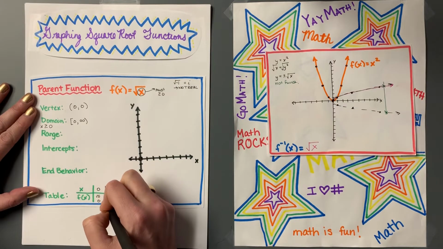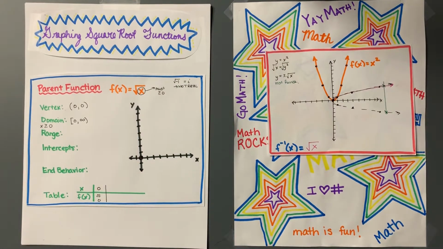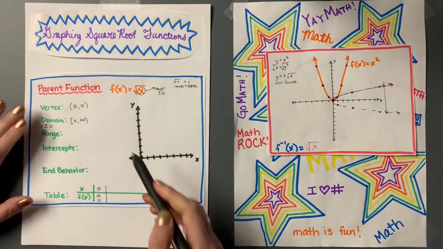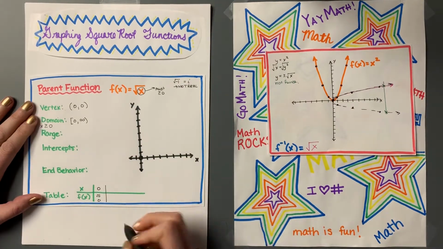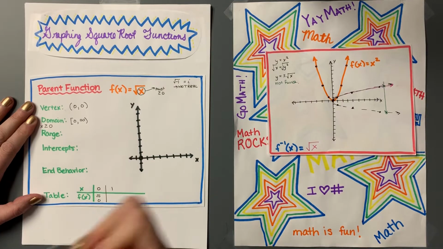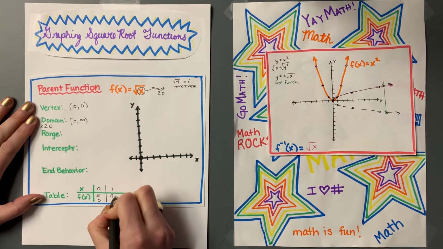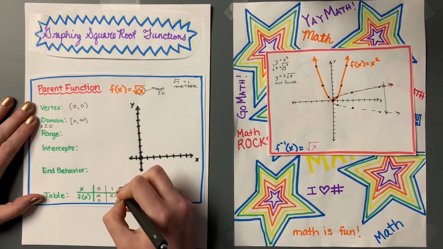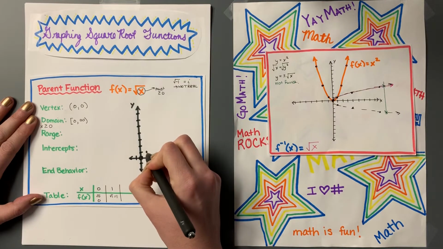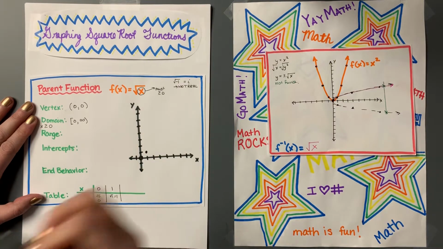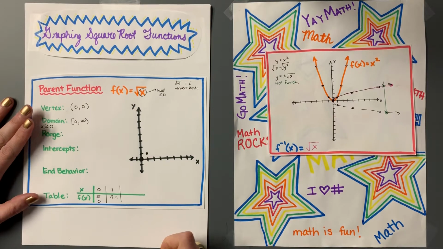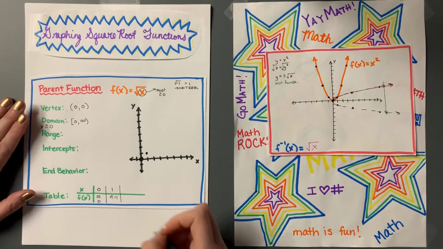So now I need to think about what else is happening here. I am going to pick out a few more points. A key thing to keep in mind when you are picking out points is be really kind to yourself. So yes, I can plug in 1. The square root of 1 is 1. That was a really nice point. So I end up with the point (1, 1). I'm not going to plug in 2 because the square root of 2 is a really weird number.